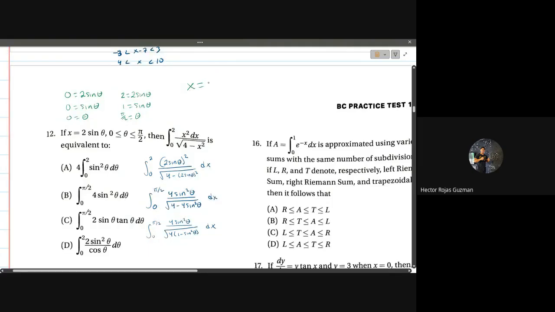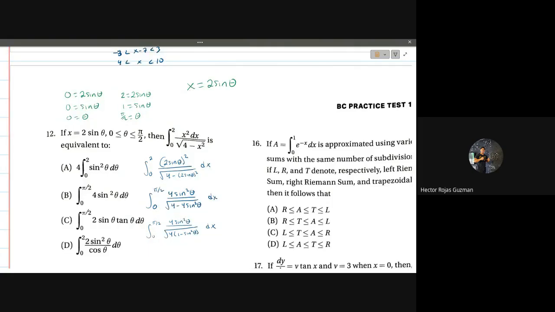If x equals 2 sine of theta, then dx d theta is going to be 2 cosine of theta, which means that dx is going to be 2 cosine of theta d theta. So we're going to go ahead and replace the dx for all of this.